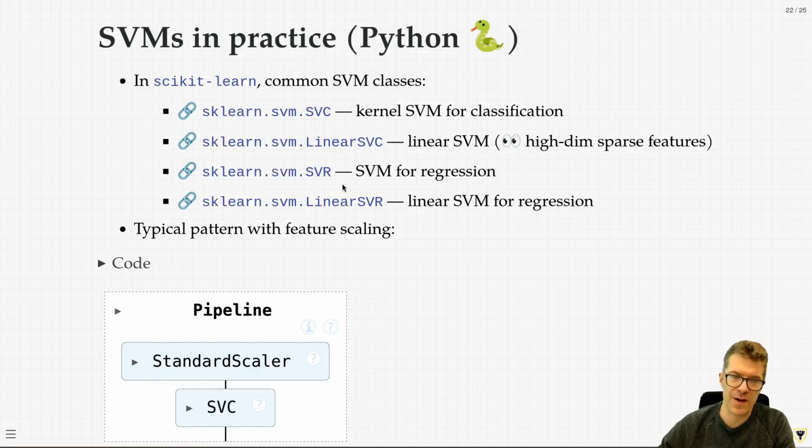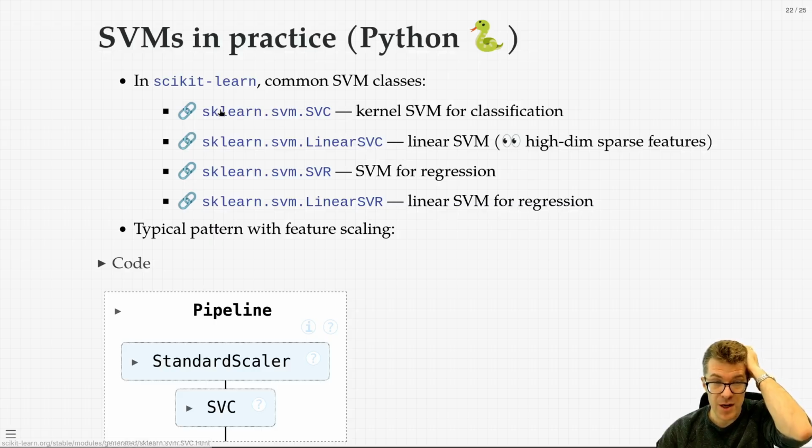SVR is support vector machines for regression, R for regression, C for classification, and linear SVR is linear SVMs for regression. SVC, like we saw several times, you can apply with various kernels, a linear kernel or nonlinear kernels like polynomial kernels.